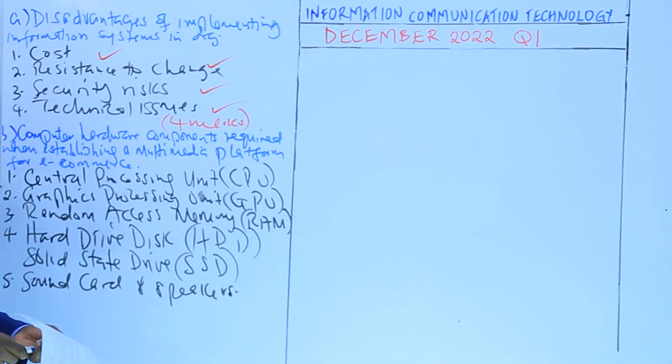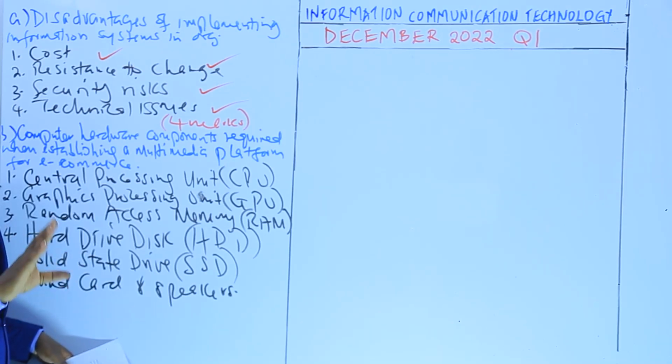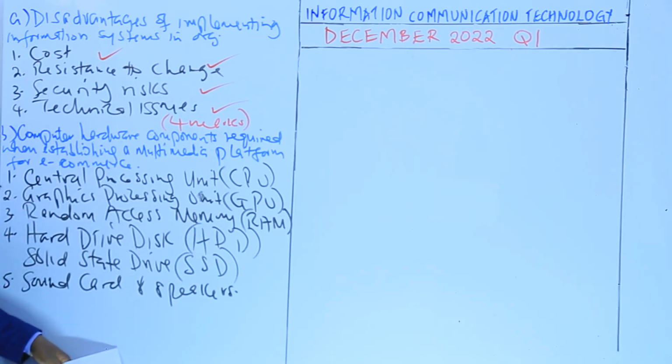For multimedia platforms, a sound card is necessary to provide high quality audio output, and combined with speakers or even headphones, it enables users to experience audio content that is associated with e-commerce, such as product demos, testimonials, background music, and so on.